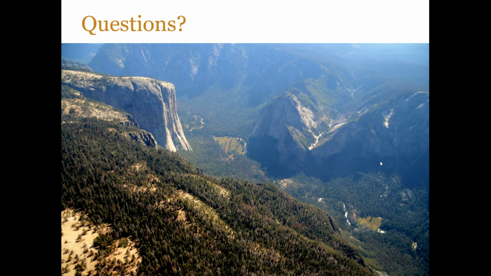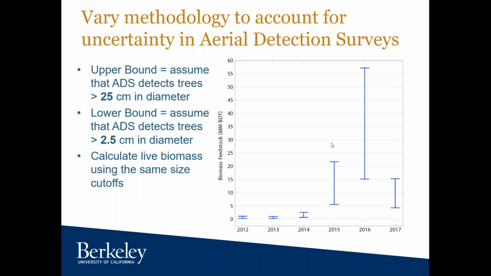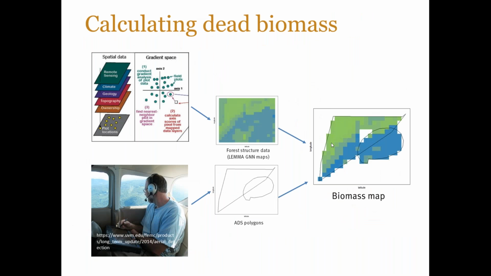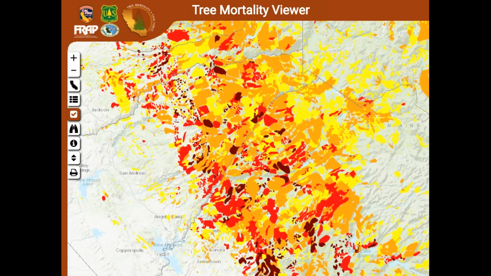What you might be experiencing is that the aerial detection surveys do not cover every square inch of forest in California. You can actually look online at the Tree Mortality Task Force Tree Mortality Viewer that I showed earlier. Just Google Tree Mortality Viewer.